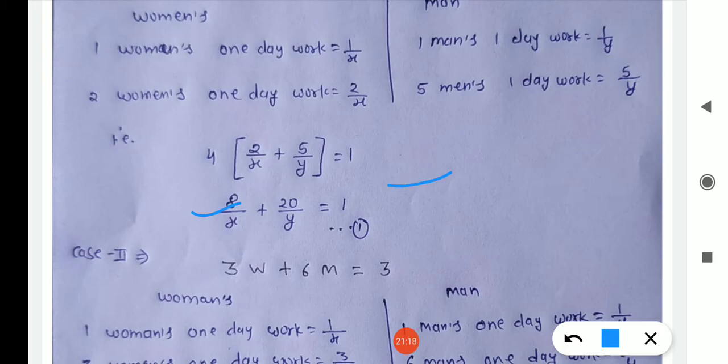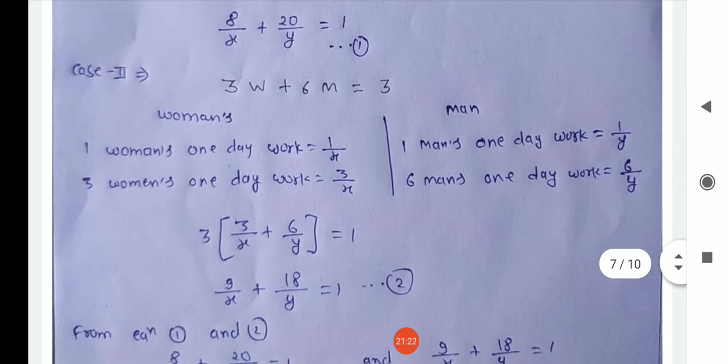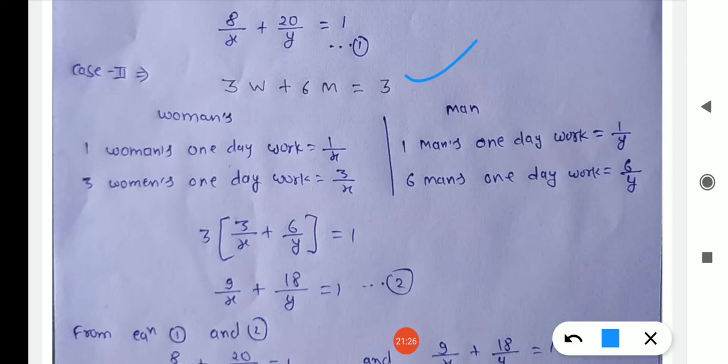Similarly, in case number second, 3 women and 6 men work together and finish it in 3 days. So first I convert women and men.